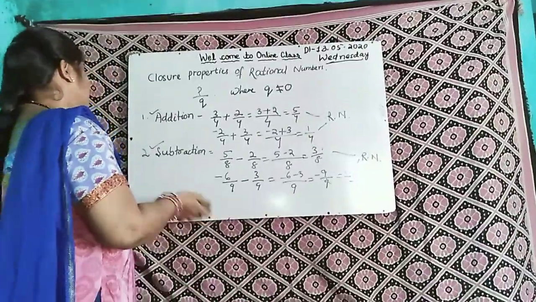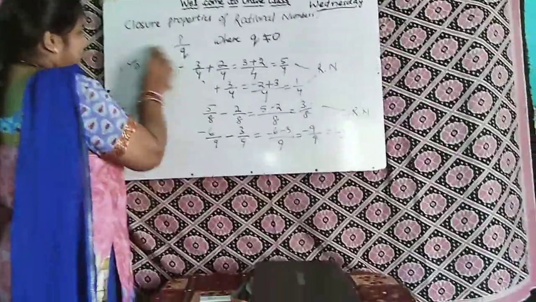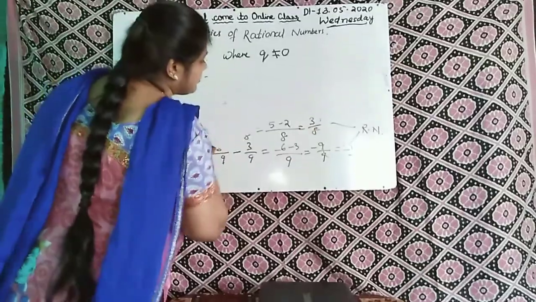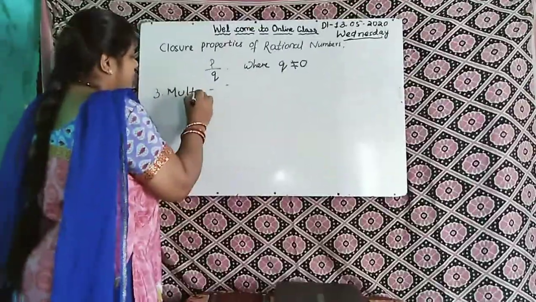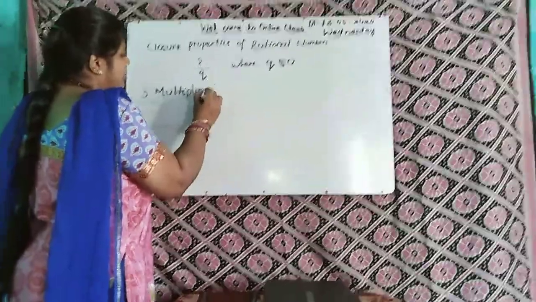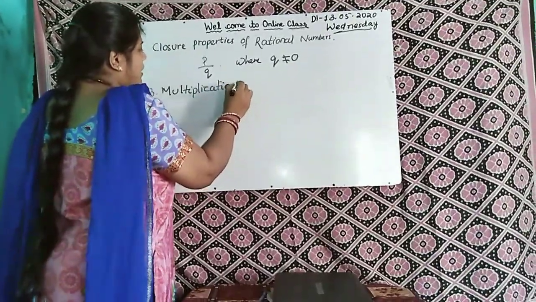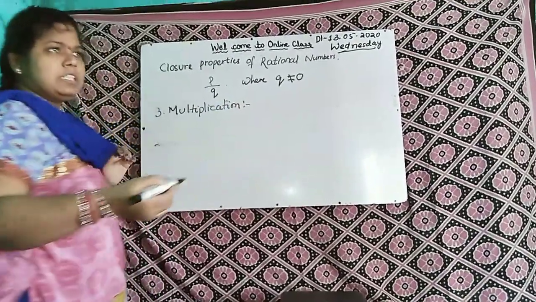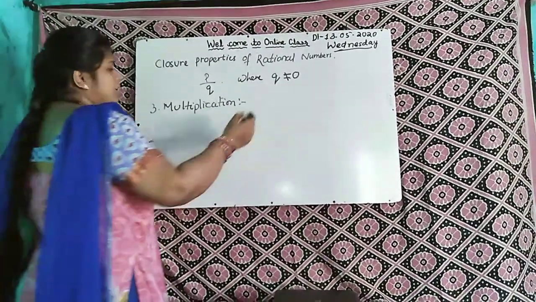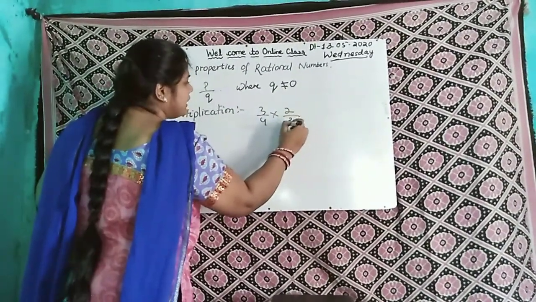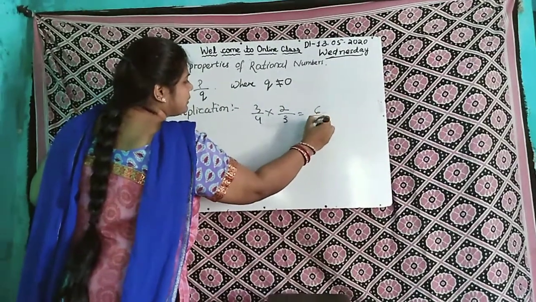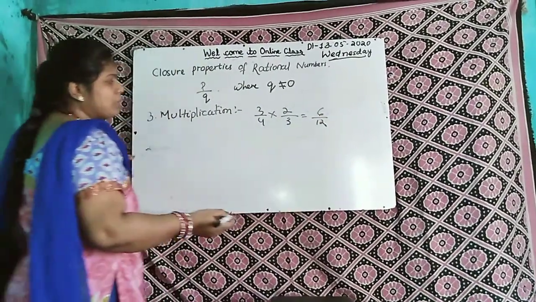Then come to multiplication. The same procedure. Take two rational numbers, 3 by 4 into 2 by 3: 3 times 2 is 6, 4 times 3 is 12, which is 1 by 2, also a rational number.